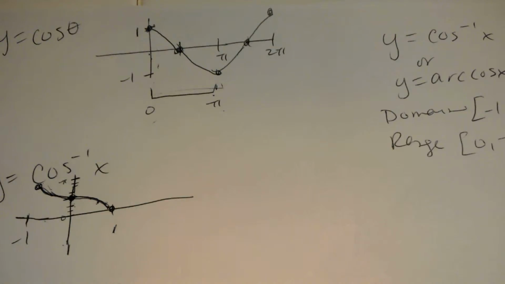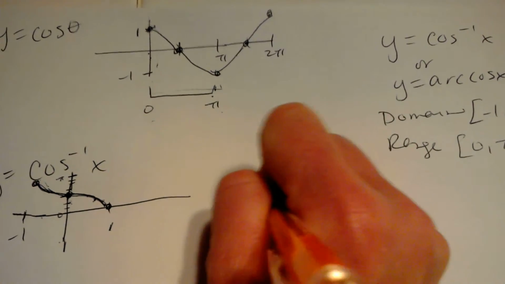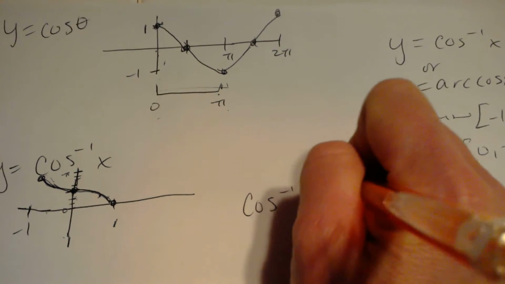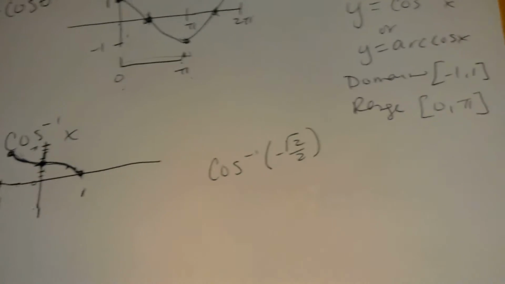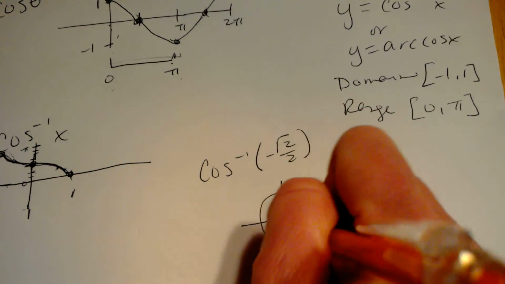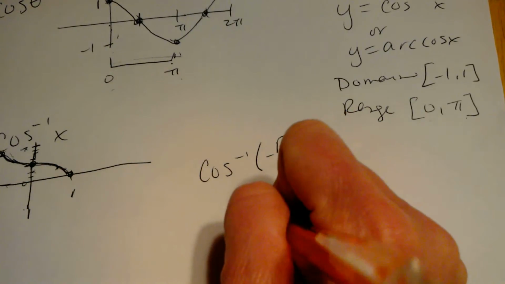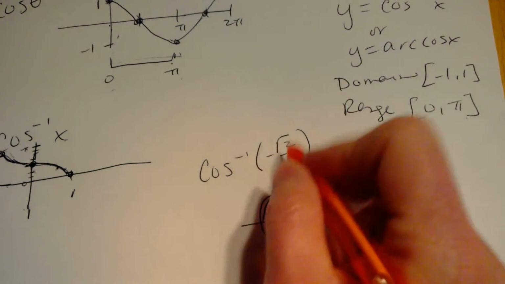Okay, so cosine's kind of the same thing. So again, if I'm looking for the inverse cosine, we'll say of negative root 2 over 2. For this one, I'm looking at, on my unit circle, it says I'm looking from 0 to pi, so I'm only looking at this area. Okay, so where would it equal negative?